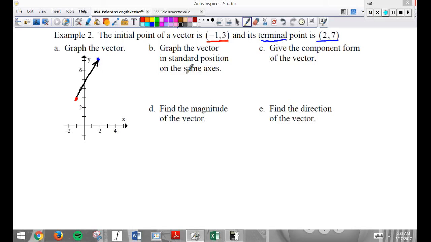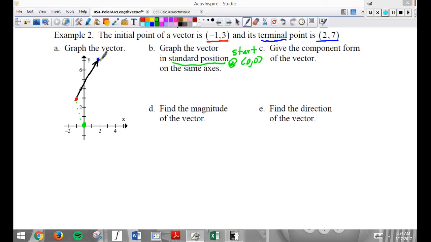Graph the vector in standard position on the same axis. So now you might be like, wait, we didn't talk about standard position. Standard position, start at the origin. So if I wanted to move the start to the origin, what kind of a shift would that be? That would be down 1, 2, 3, right 1.